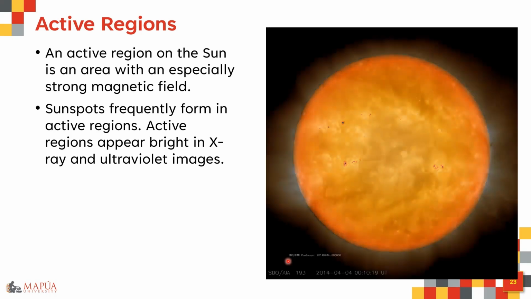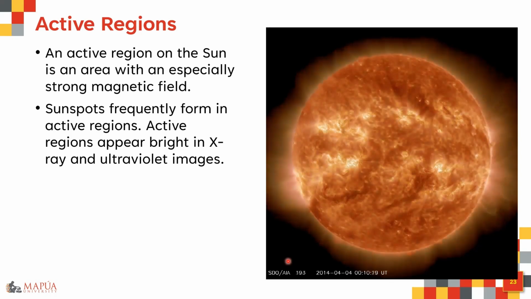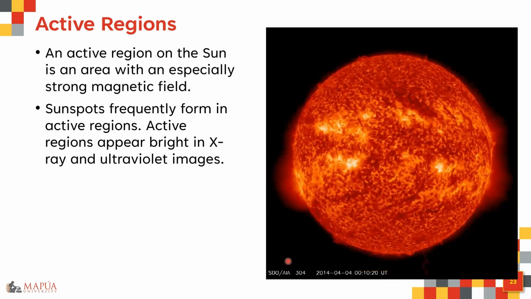So this is an example of an image of the sun at approximately the same time at extreme UV. The wavelength used here is 193 angstrom. You will notice that if I change the wavelength filter, the sun will appear very differently. We're going to discuss why these values of wavelengths are chosen.